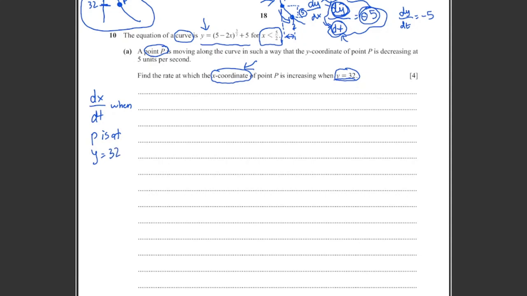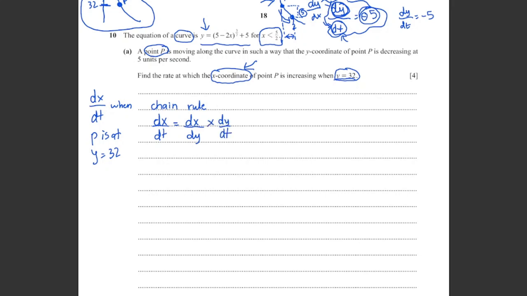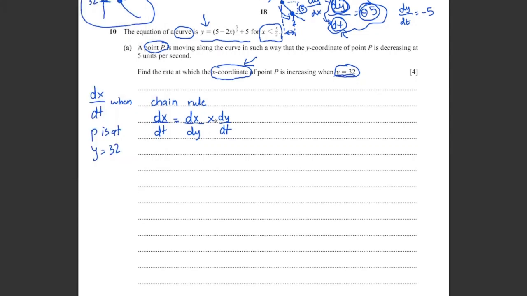So the way I'm going to do that is I'm going to make use of the chain rule. Why am I going to do that? Well, because the chain rule tells me something. If I'm trying to find dx by dt, then I can find it by multiplying dx over dy by dy by dt, and this makes sense because this dy is going to cancel out that dy, and so I'm just going to be left with dx over dt.